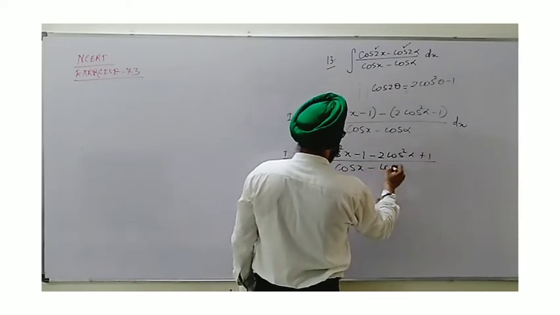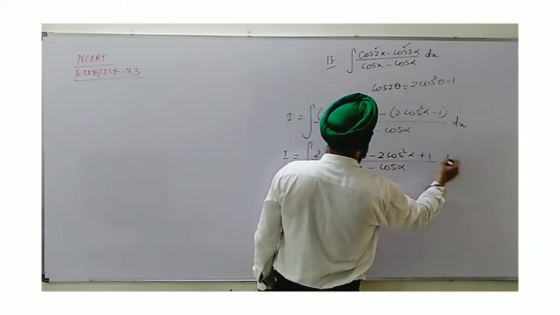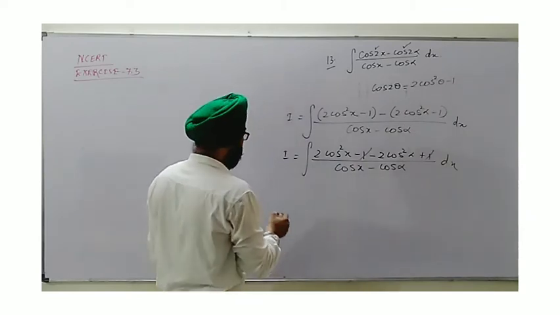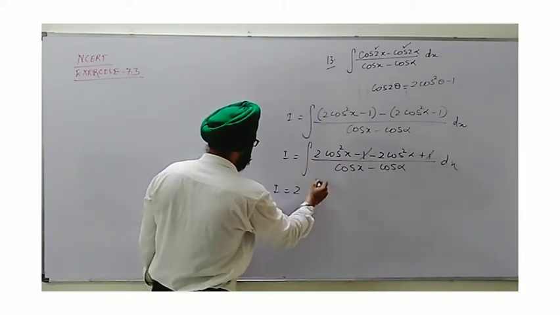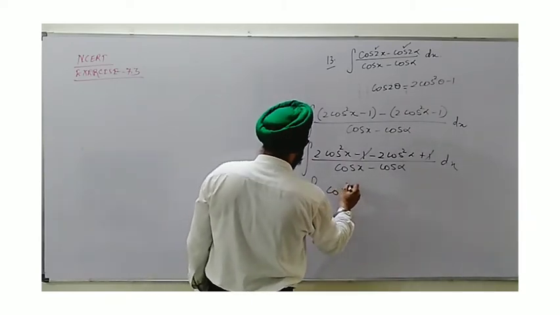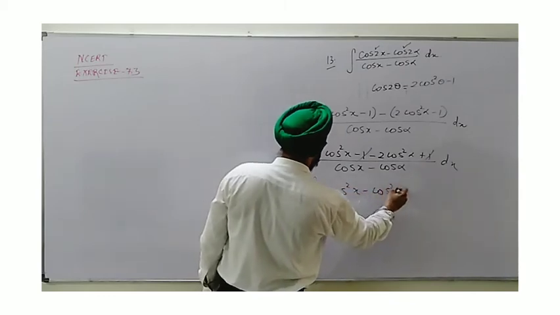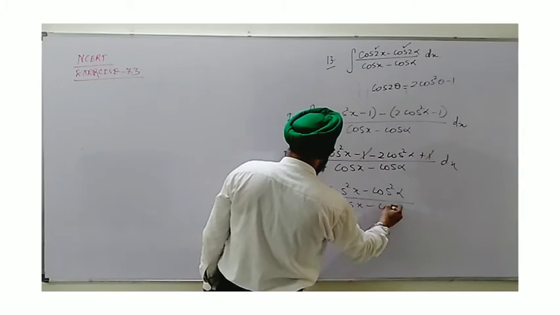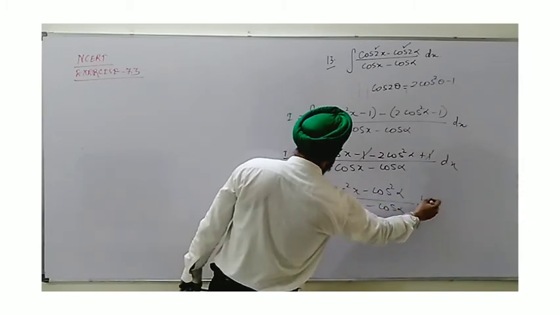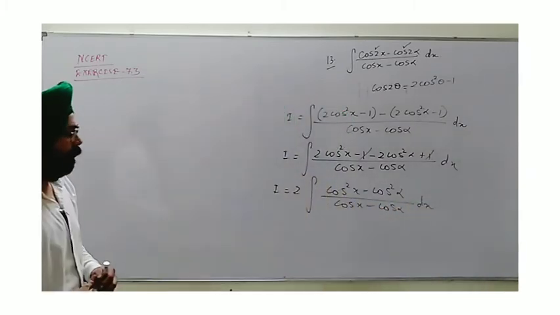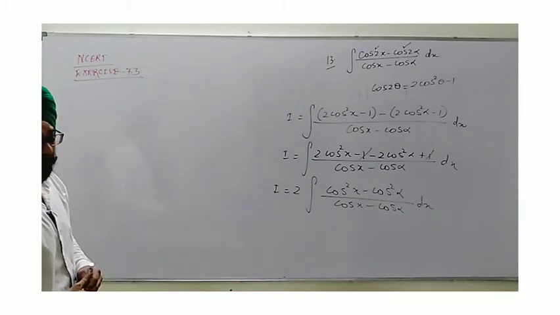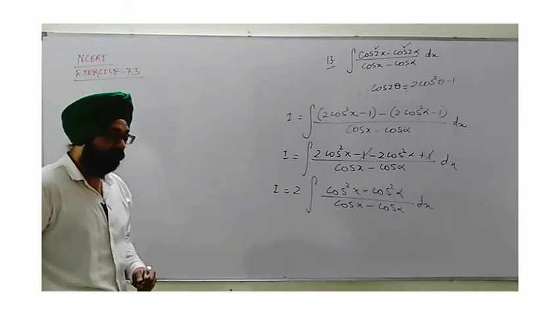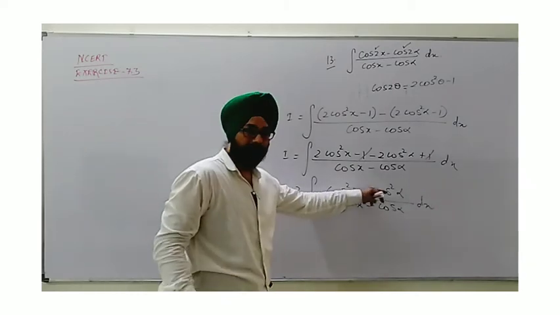Over cos x minus cos alpha dx, these two terms cancel out, and taking 2 common from the remaining terms, we are left with (cos square x minus cos square alpha) upon (cos x minus cos alpha) dx. Now, comparing the numerator to the denominator, we can see that it is a square minus b square.